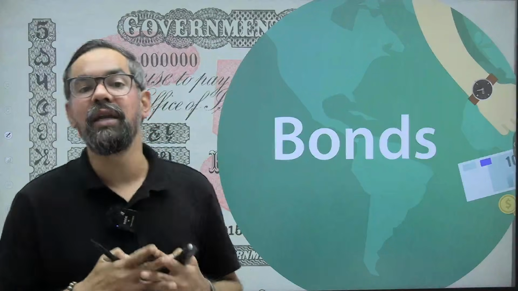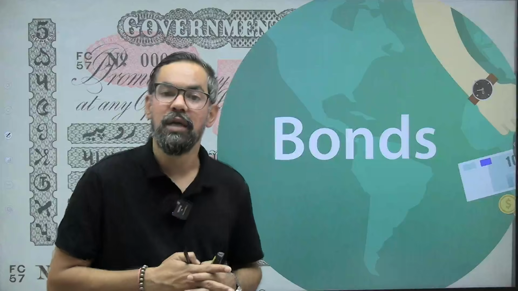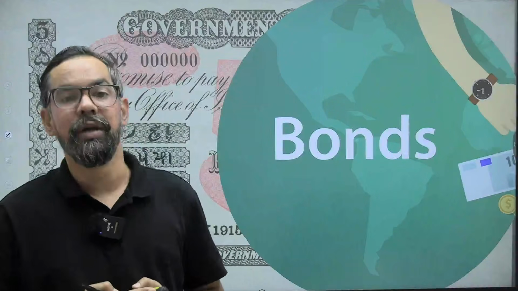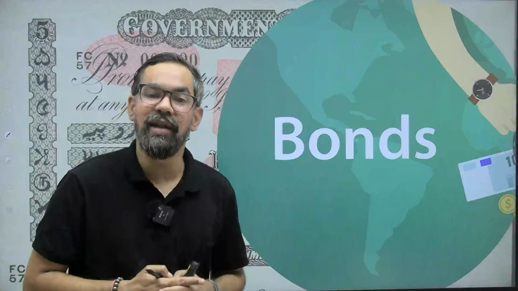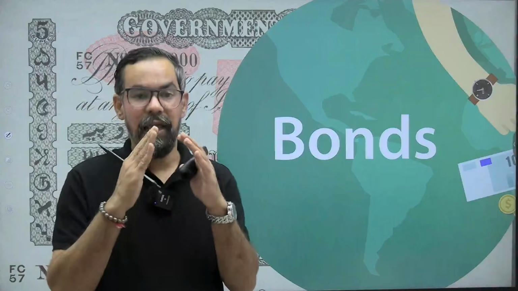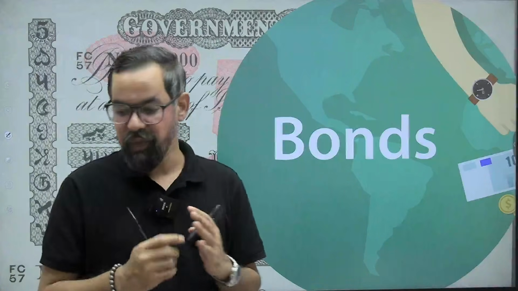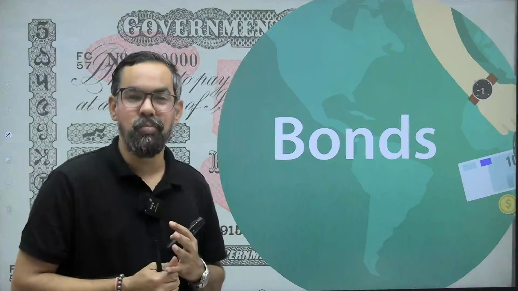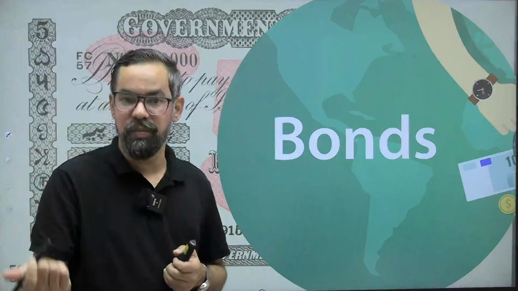This return is usually semi-annual, meaning every 6 months they release that interest. They get issued on a fixed coupon rate, and companies are raising funds for a fixed time duration.